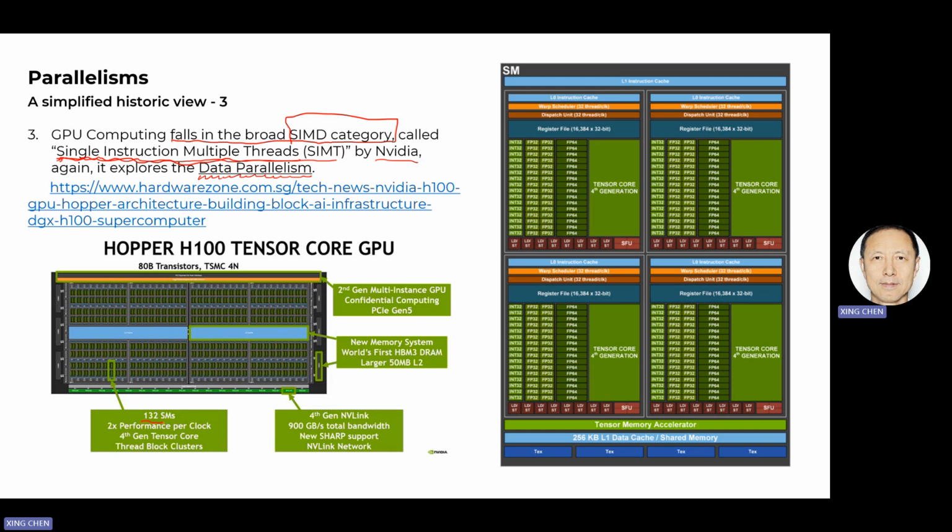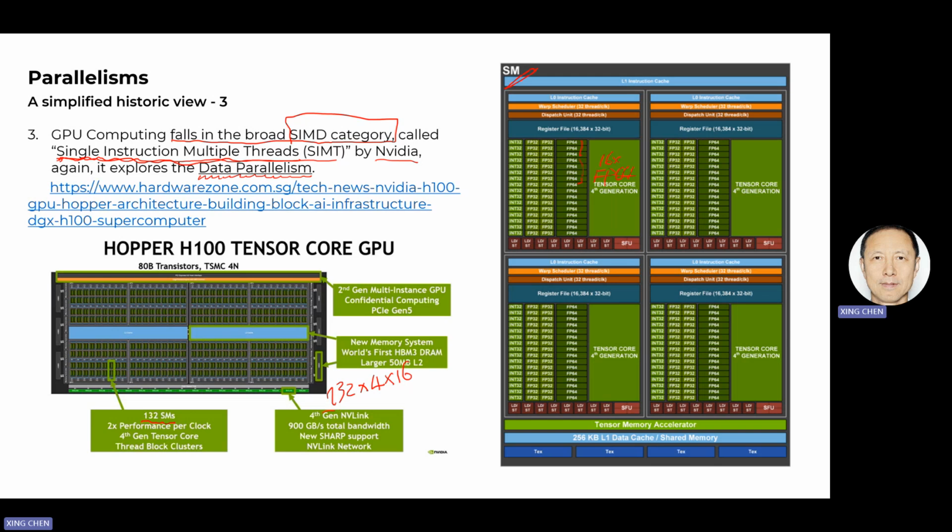It has 132 SMs, and each SM has 4 identical units, and each unit has 16 FP64 units. So we can do the math.